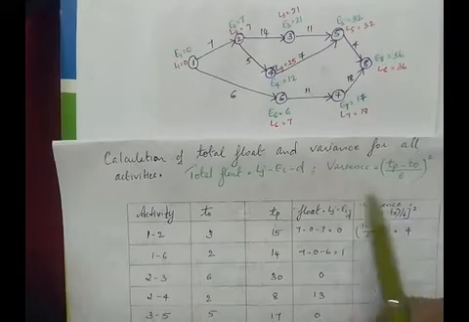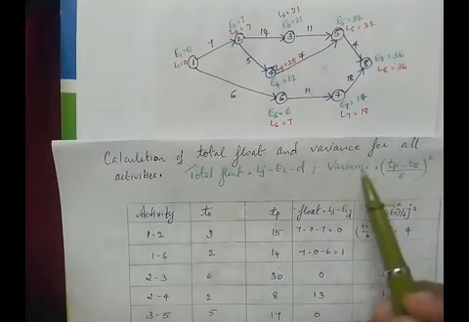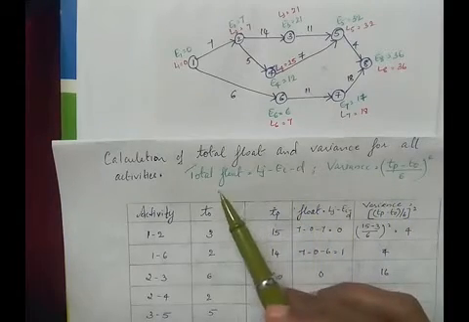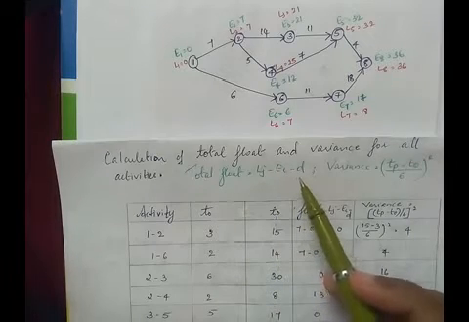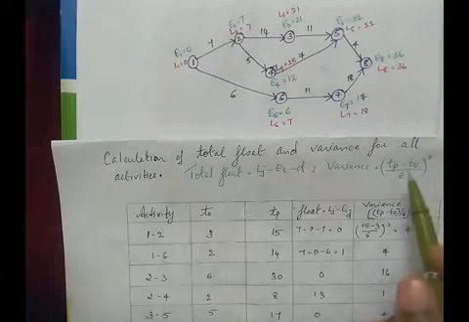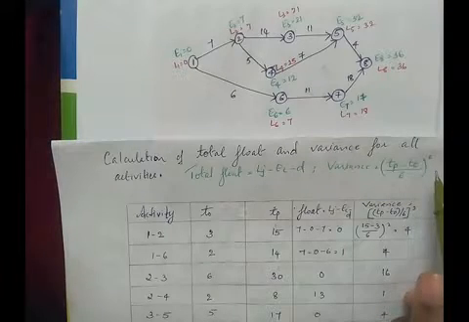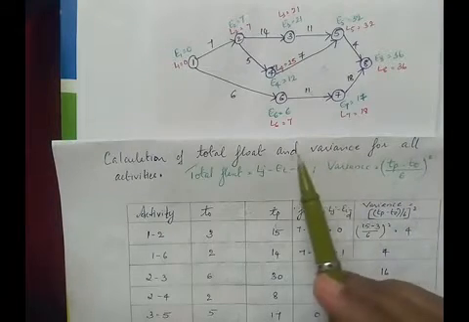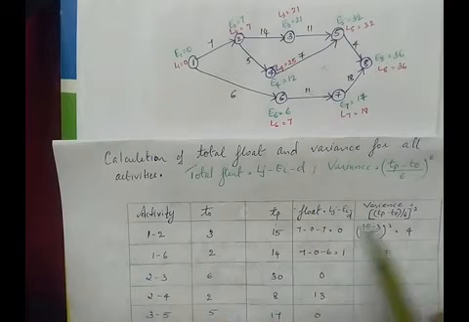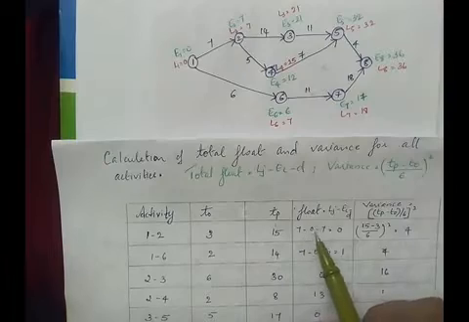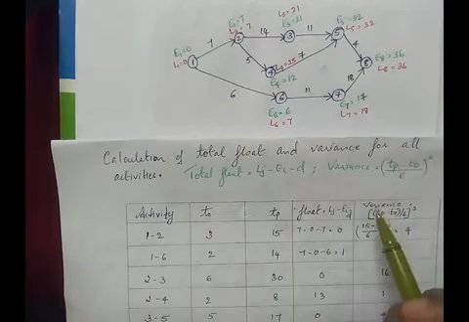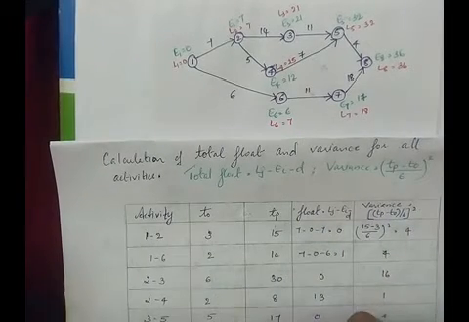To calculate the total float and variance, we will be using the formula total float equal to Lj minus Ei minus D, and variance equal to (Tp minus To) by 6, the whole square. So we'll draw a table and find the values of float and variance for each activity using this table.